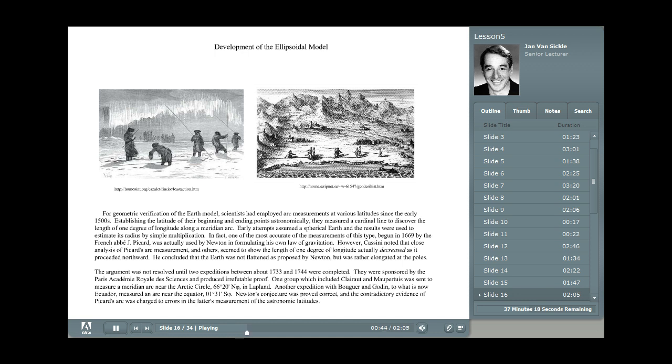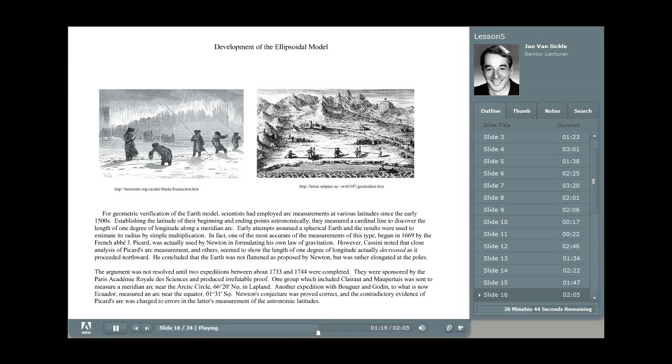One of the most accurate measurements, as it says here, began in 1669 by J. Picard, was used by Newton in formulating his own gravitation law. However, Cassini looked at the arc measurements, and it seemed to indicate that the length of 1 degree actually decreased as it proceeded northward, and this would mean that the Earth wasn't flattened at the poles, but elongated at the poles.